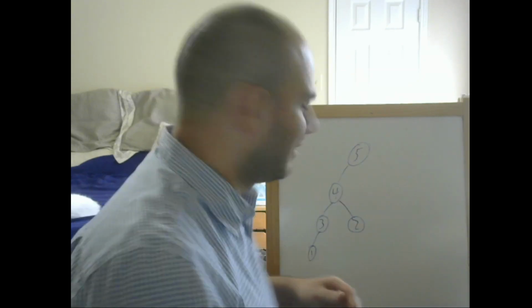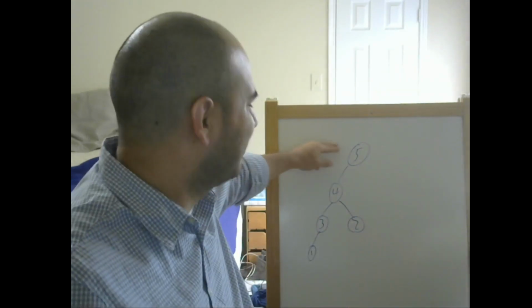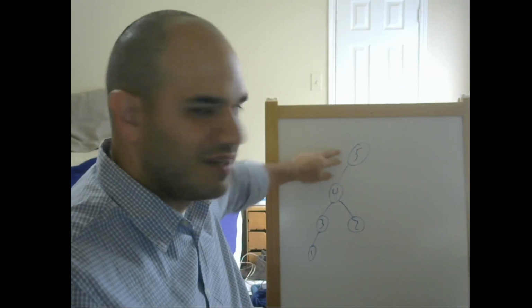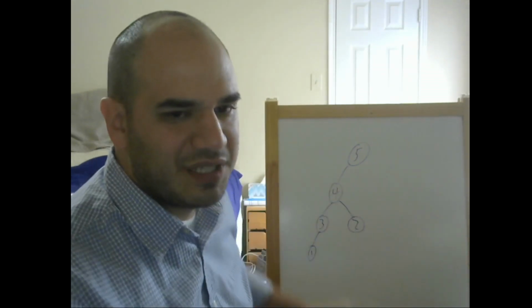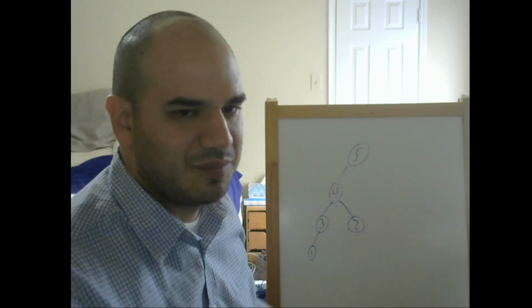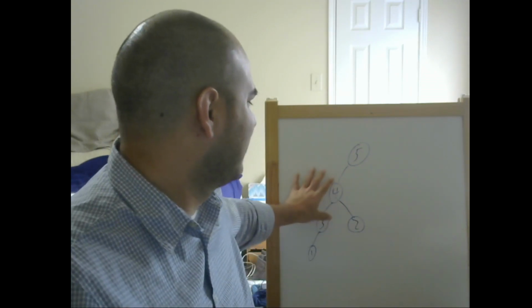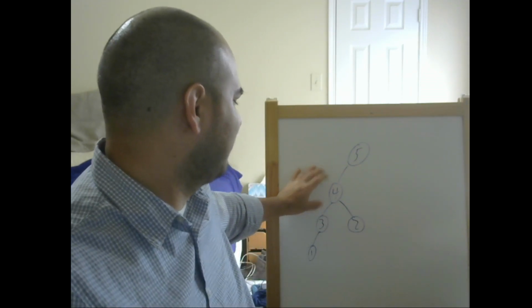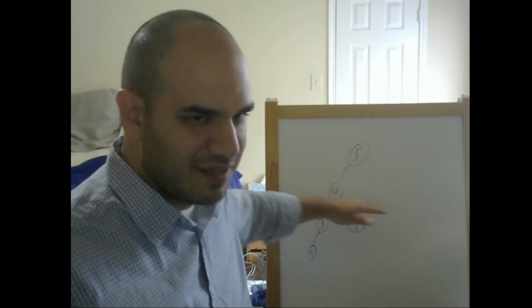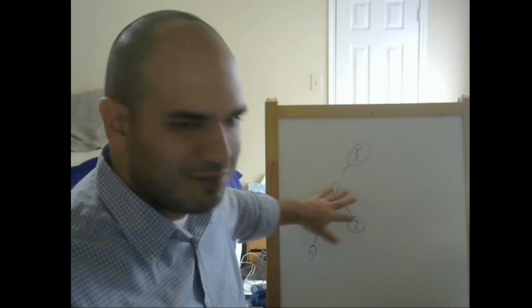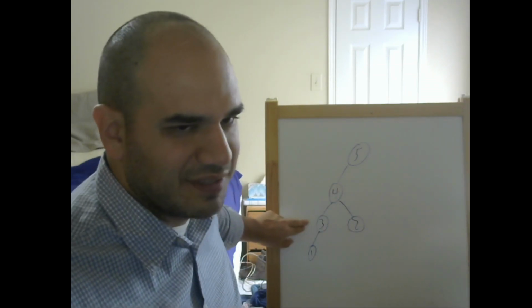So for a binary search tree, you want a balanced tree. This is an example of an unbalanced tree. We can imagine the root to be here, and so we can see what we would need to do in order to make this thing balanced. We would move the one up here, and then everything would be either on this level or on this level.